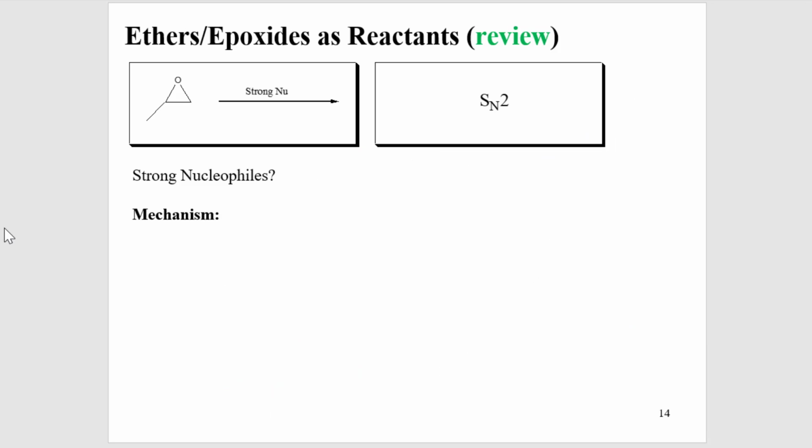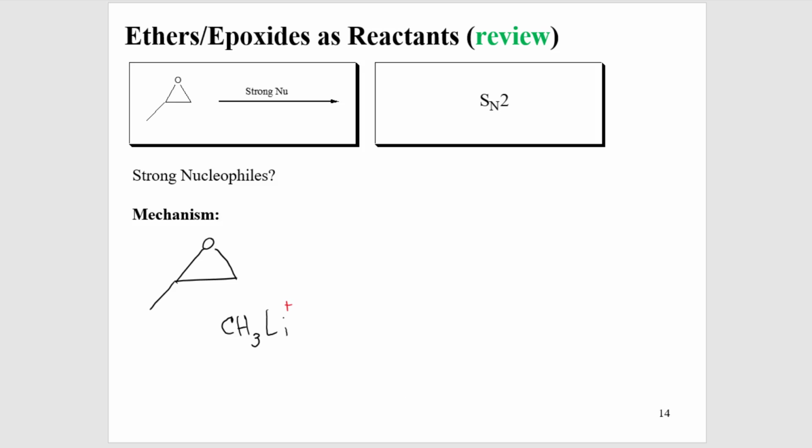All right, more review. We also talked about epoxides being able to undergo SN2 chemistry. And this was always a little easier because in SN2 chemistry, the epoxide's not in charge, your nucleophile is. And, you know, I could use something like an alkyllithium, like I introduced in the previous chapter.